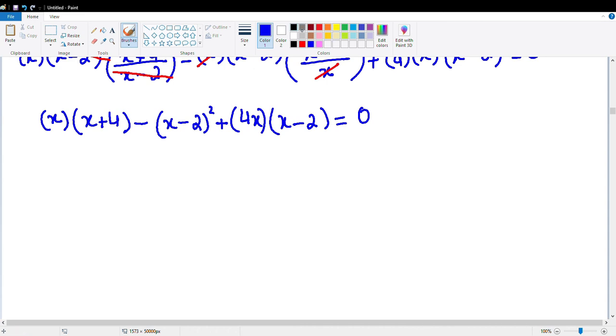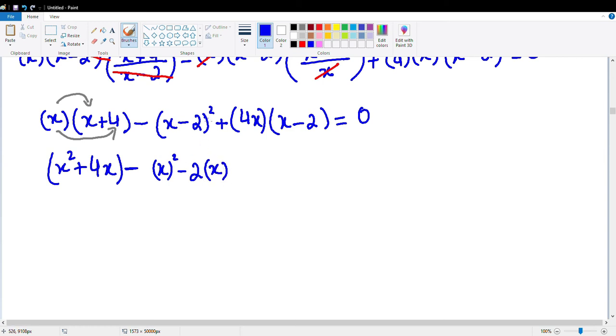Anyway, now we have x into x on these first two, so we will get x squared, and x into plus 4 will get plus 4x. Then we have minus in the middle. Let's just keep the brackets on. We're going to open this formula. So we get x squared minus 2 is from the formula: x is the first term, 2 is the second term, plus the second term square.